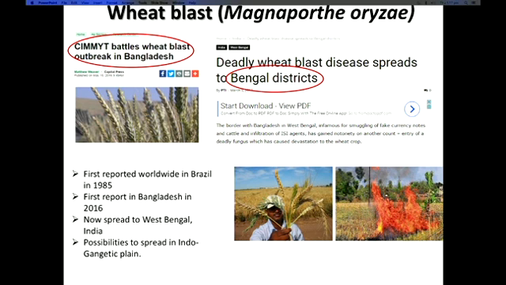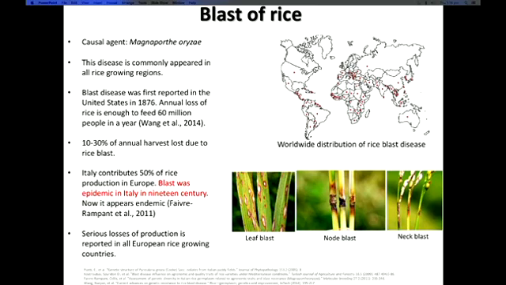Interestingly, this disease was first reported in Brazil in 1985, but it was transmitted to another two or three subcontinents, right? The source of transmission nobody knows, possibly through the seed or through the wind. It's not clear how it migrated, but see the devastation from one continent to another. Then blast of rice. Earlier it was blast of wheat, now it's blast of rice.